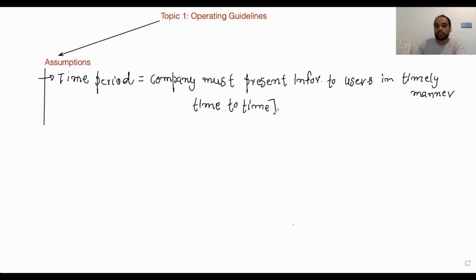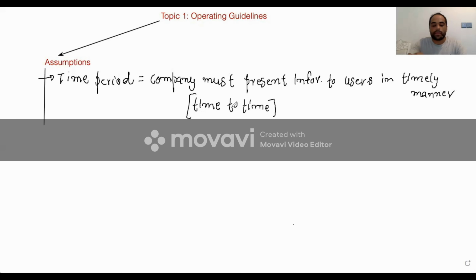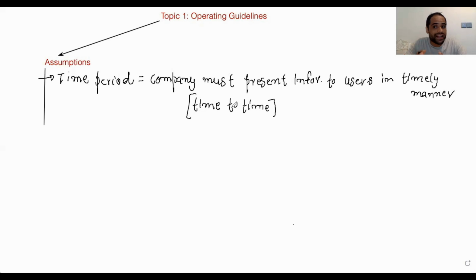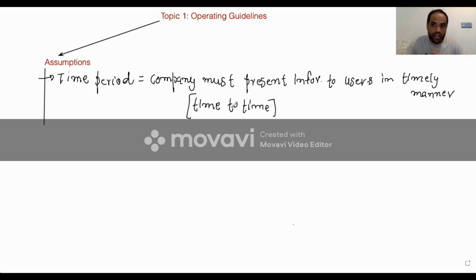Why from time to time? Because you know that information has a life. Information has a value, and that value depends upon the time of the information. If information is received on time or before time, it may have a high value.